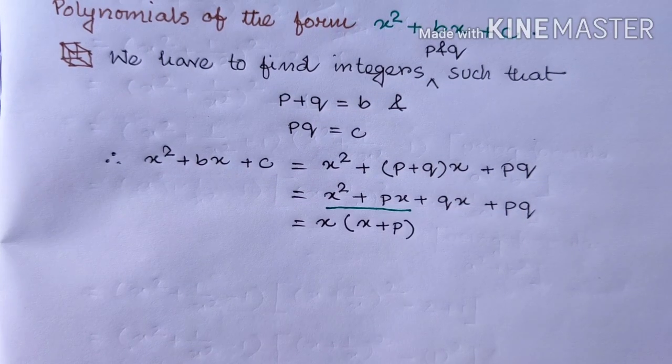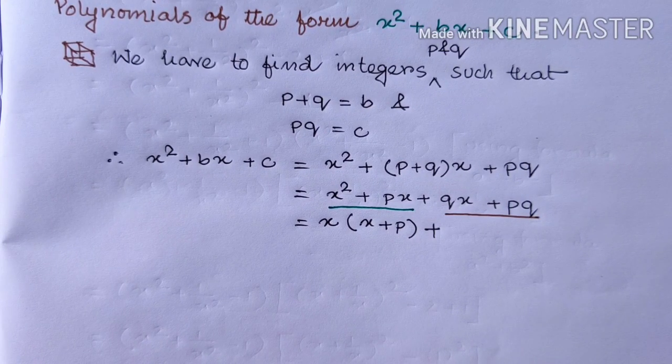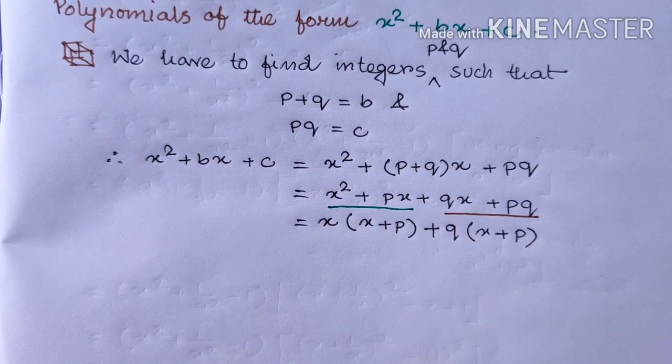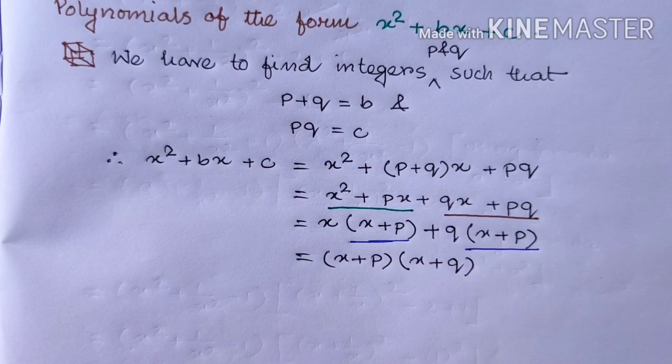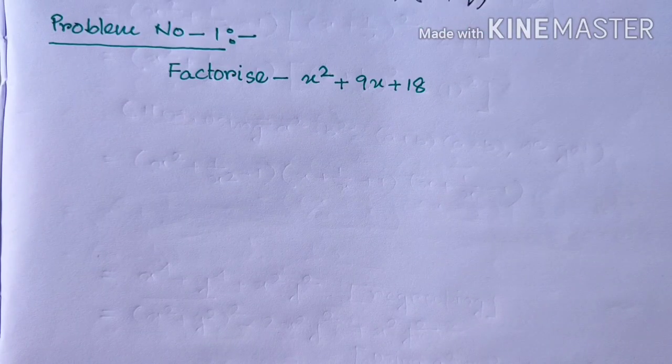Now taking x common from the first two terms we get x into (x plus p), and taking q common from the second two terms we get q into (x plus p). And now taking x plus p common, we get (x plus p) into (x plus q). That is the factorization of x square plus bx plus c.